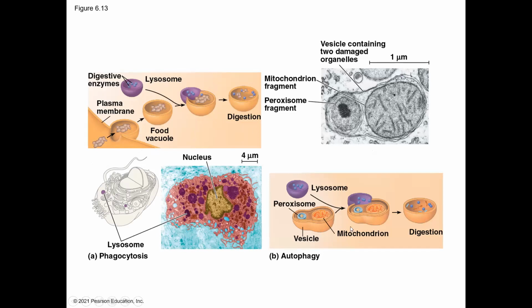Same thing if something needs to be recycled, which is called autophagy, meaning that it needs to be broken down and recycled. It no longer works. The lysosome will fuse with it. In this example, a mitochondrion is no longer working. The lysosome will fuse with it and break it down to its chemical components. And all of these components can then be used again to build new things that are inside the cell.